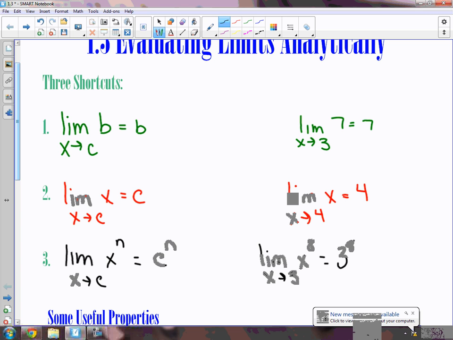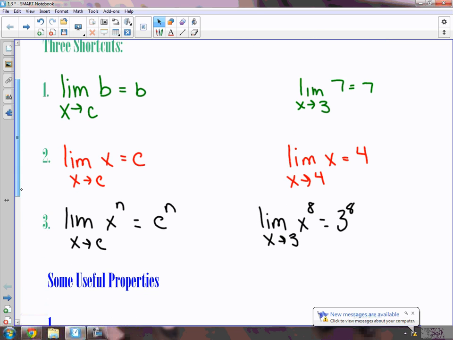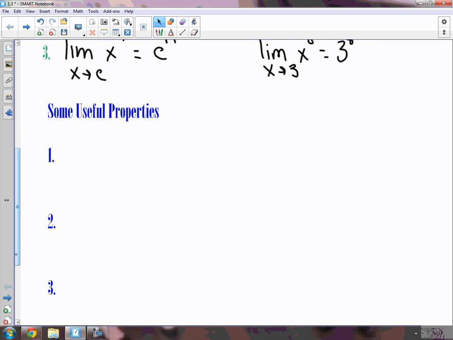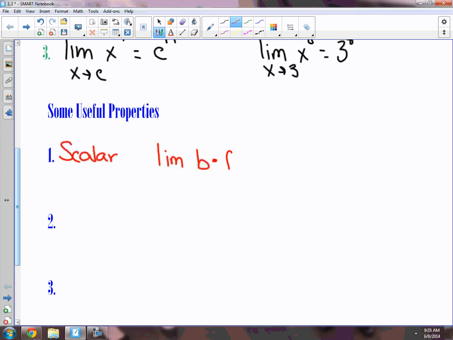Next, we're going to talk about 5 different properties that are going to help us out along the way. The first property is called the scalar property. And you used this word before. You might have talked about it as a coefficient, a number out in the front, scalar. And here's what the property says. The limit of b times the function as x approaches c is the first part.